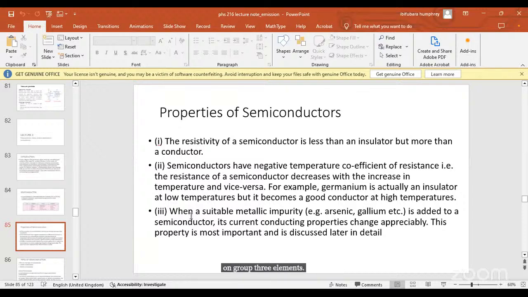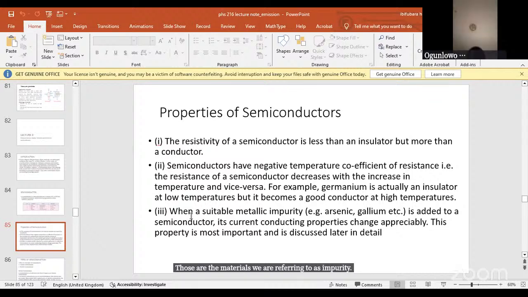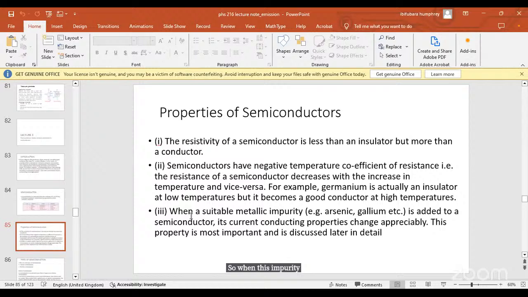Those are the materials we are referring to as impurity. When these metallic impurities are added to a semiconductor material, it raises the conductivity. It makes the semiconductor function properly.